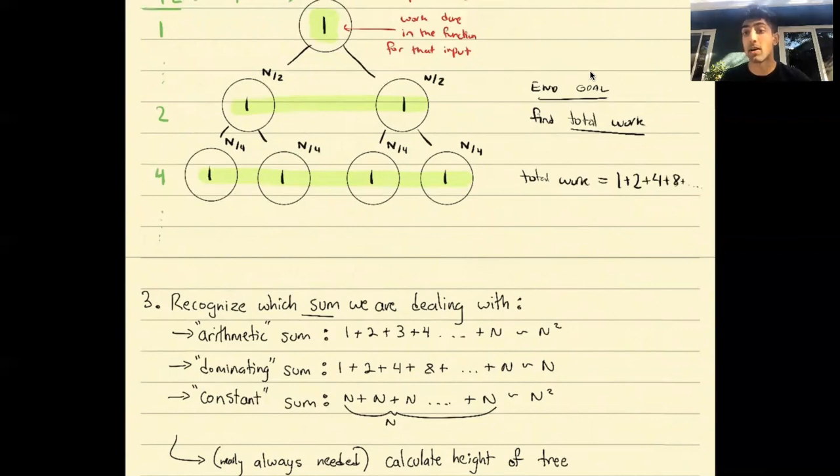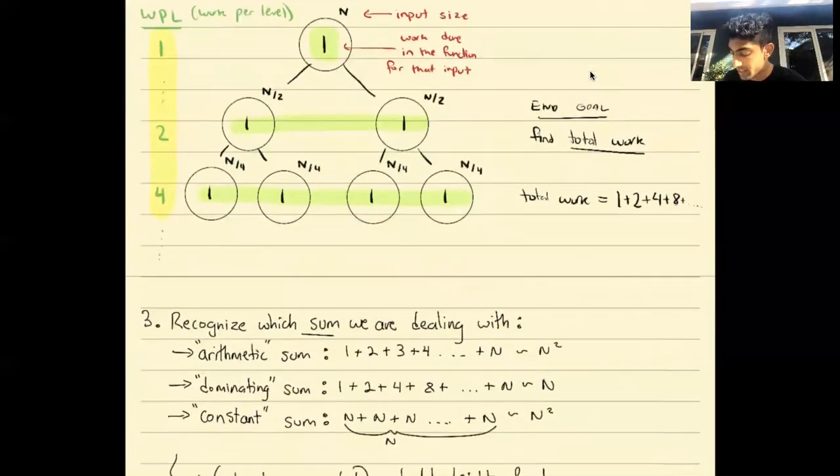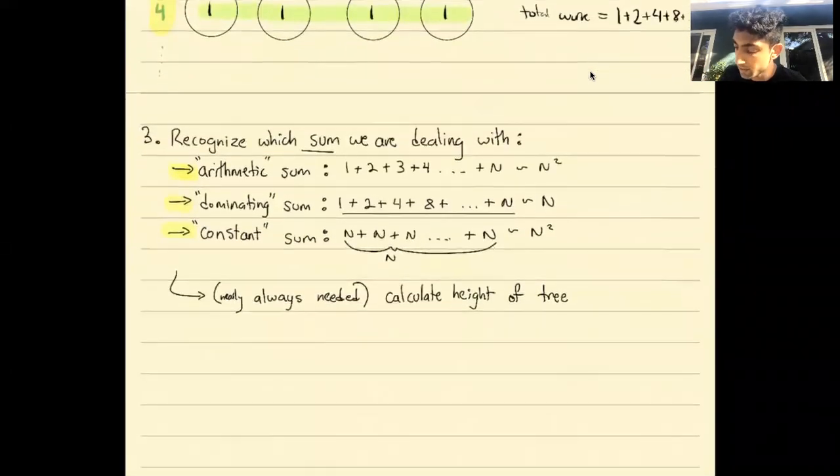We should recognize which sum we're dealing with, because when we look at the sums in this column right here, what we'll notice, which is really cool, is that for this class, nearly always it'll be one of these 3 sums over here, okay? In this case, our sum is a sum I like to call a dominating sum, this sum right here. What I mean by that is in a dominating sum, the last term in the sum dominates all of the other terms, okay? So I'll explain that once more.